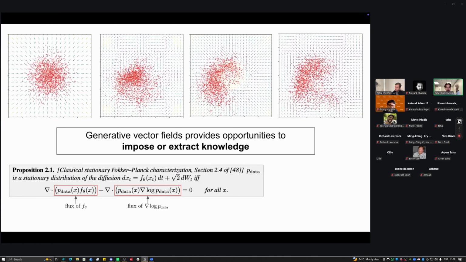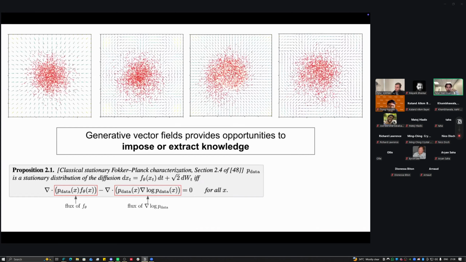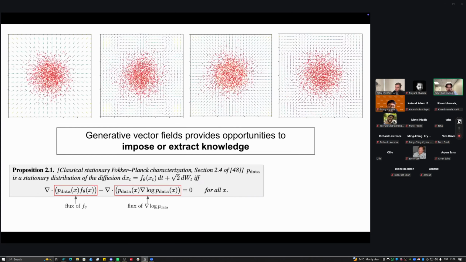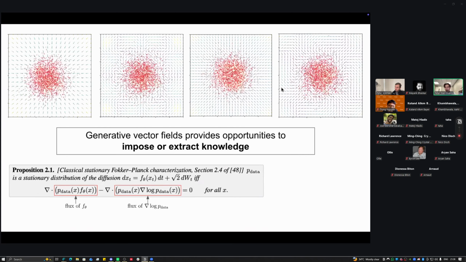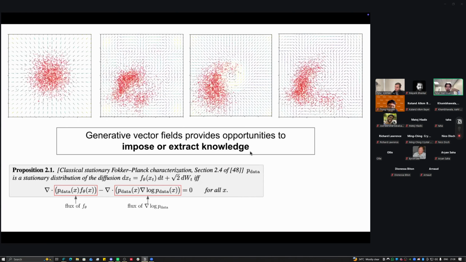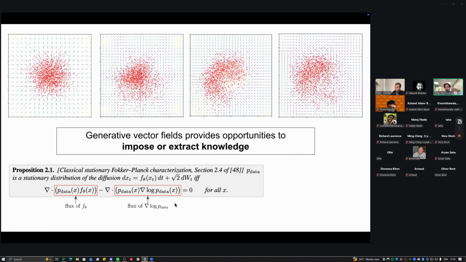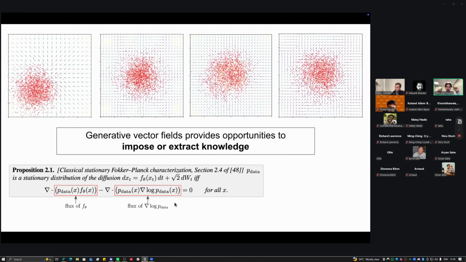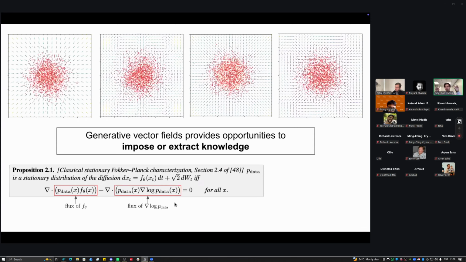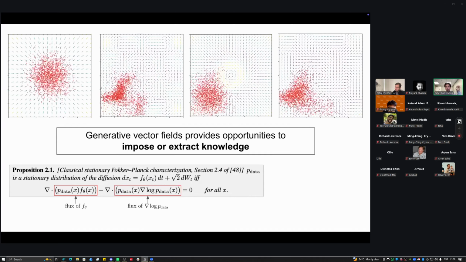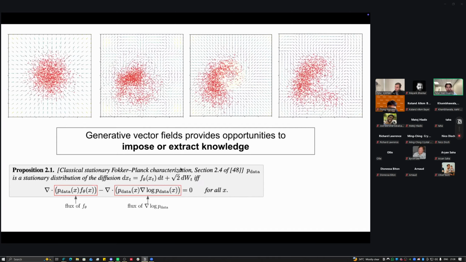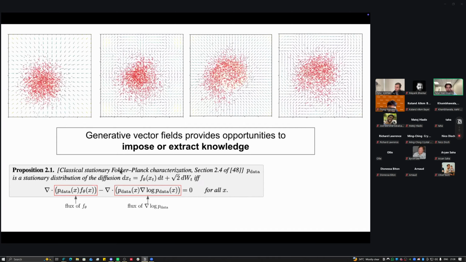There's a well-known, classic condition that characterizes these alternative vector fields. As long as this condition is satisfied, we can, loosely speaking, guarantee that this vector field generates data from your distribution of interest. Let's look at this component by component.